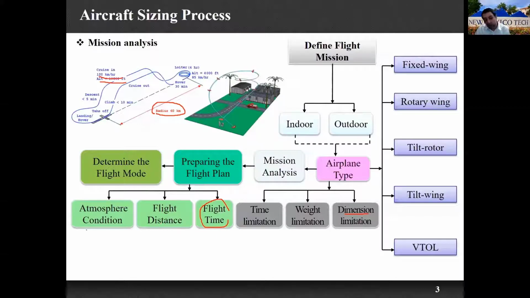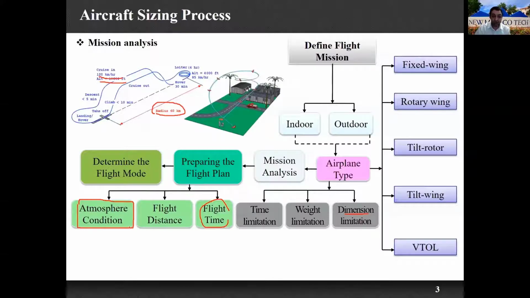And then we also need to determine our atmospheric conditions. For example, as I said, if you design a drone for Mars, the design would be totally different from a drone which is flying on Earth. Or, for example, if you fly your aircraft in Phoenix, Arizona, the efficiency of your flight is going to be different from a flight in Alaska, because in the summer it's so hot in Arizona, but in Alaska it's cold.